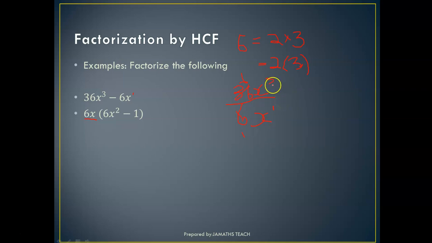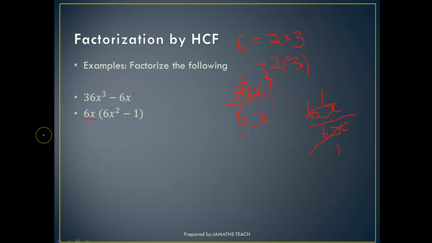So x cubed divided by x to the first power is 3 minus 1, so that's x squared. That's how we got 6x squared. For the next term, again we divide by the same HCF. 6x into 6x, 1.